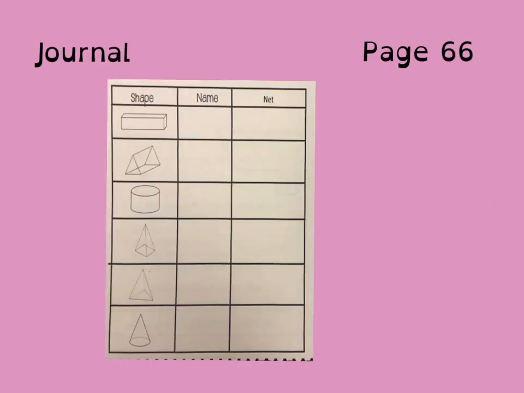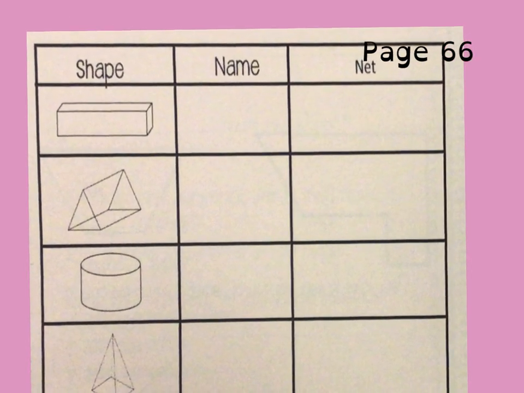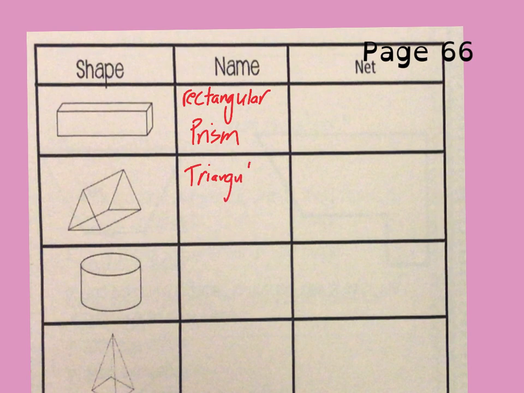All right, so we're going to talk about some 3D shapes here. So the first thing I'm going to do is I'm just going to go through and name these, and I want you to write these in your journal. It's on page 66. So this right here is a rectangular prism. Okay, and then we'll go and do the nets in a minute. This one is a triangular prism.